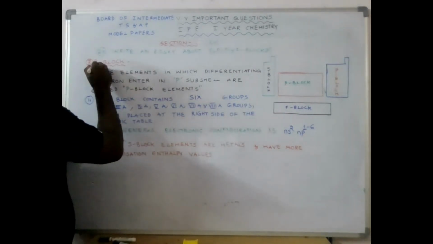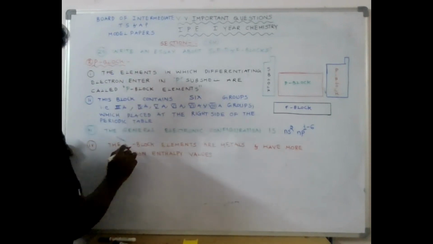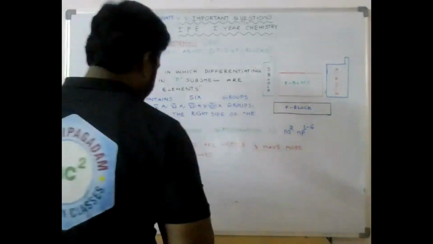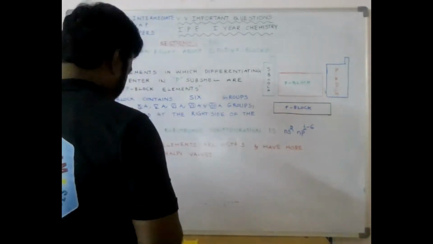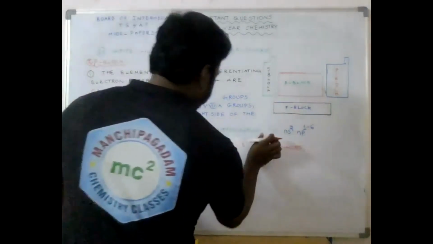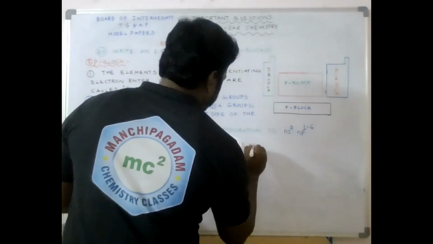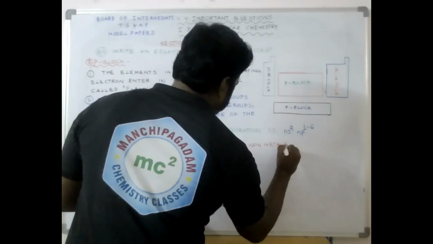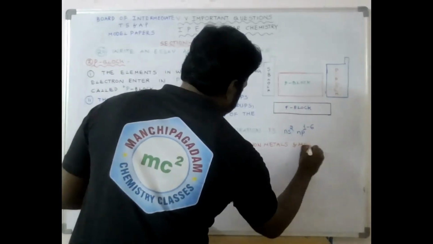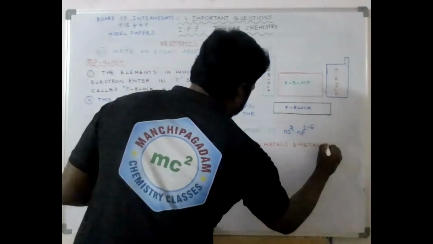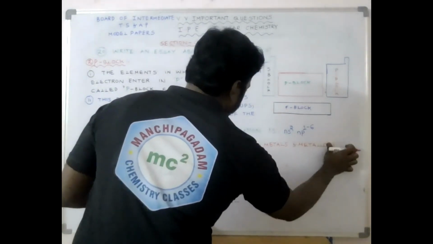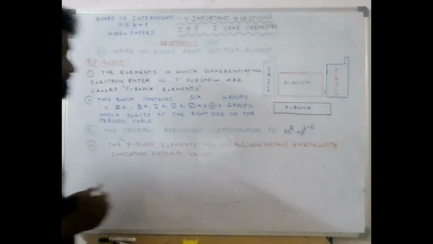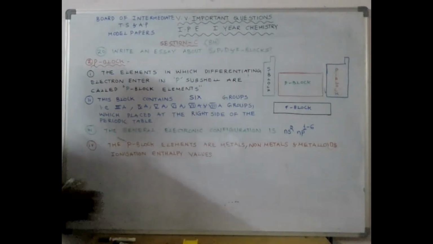And finally, the P block elements are metals, non-metals, and metalloids. They may contain metals, they may contain non-metals, they may contain metalloids also.